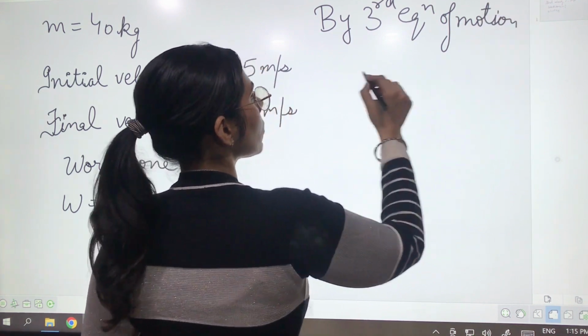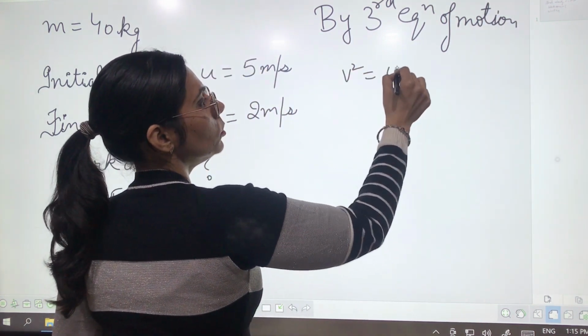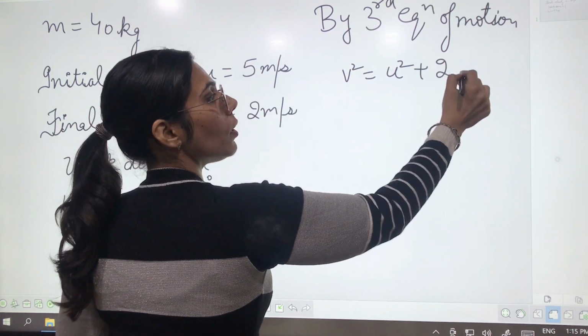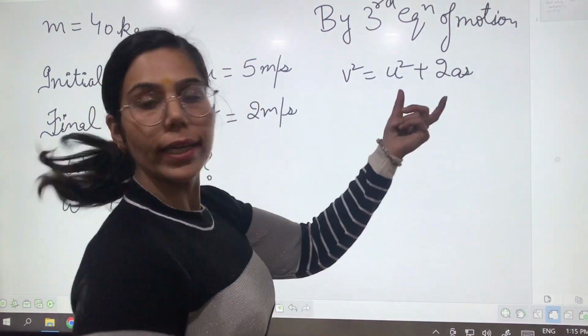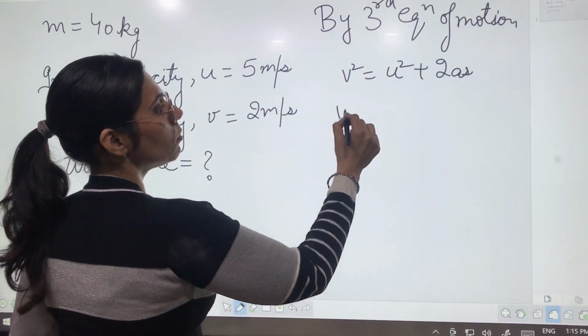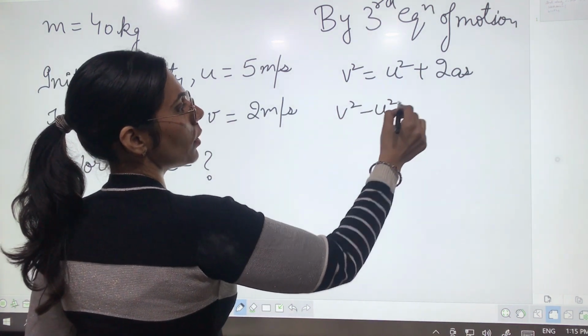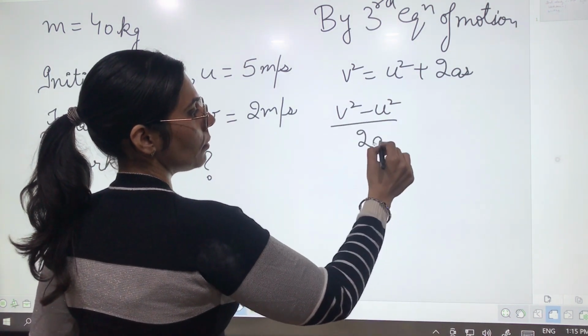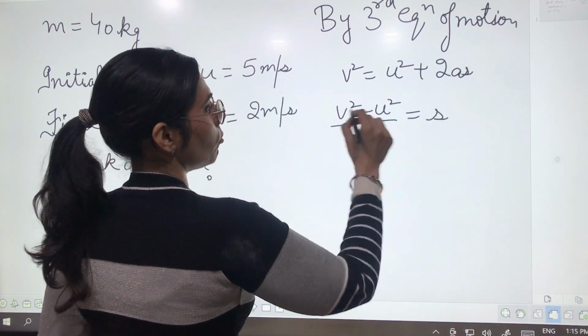What is it? V square is equal to U square plus 2AS, and we will calculate S from here. V square minus U square upon 2A will be the value of S.